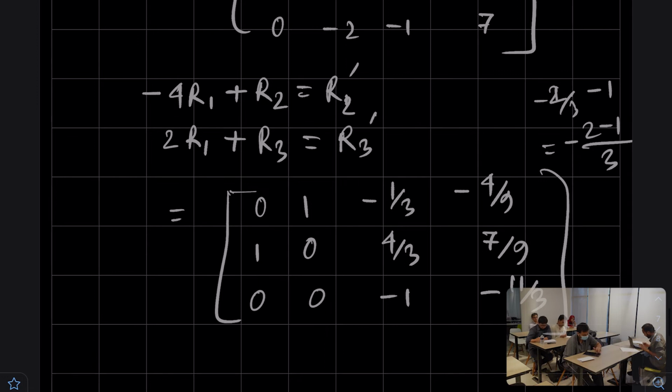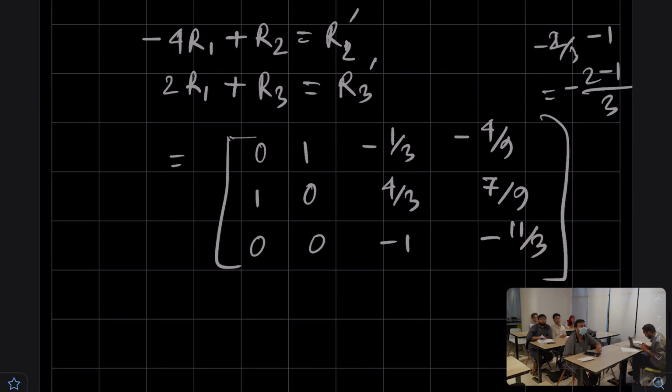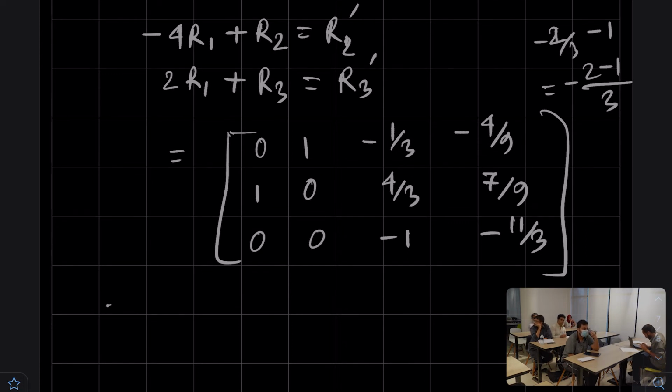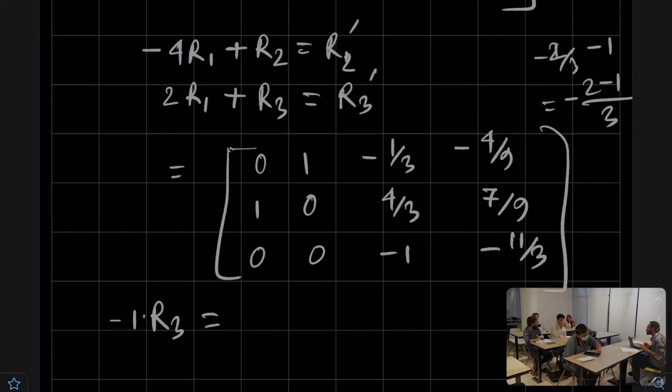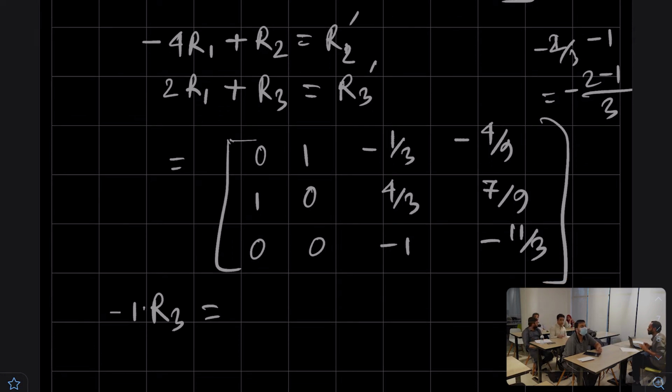So now what I can do is minus 1 times R3. Why did we choose this set of elementary row operations? I'm going to discuss it in the next section. There is a reason I'm doing this. That is a natural question to follow.